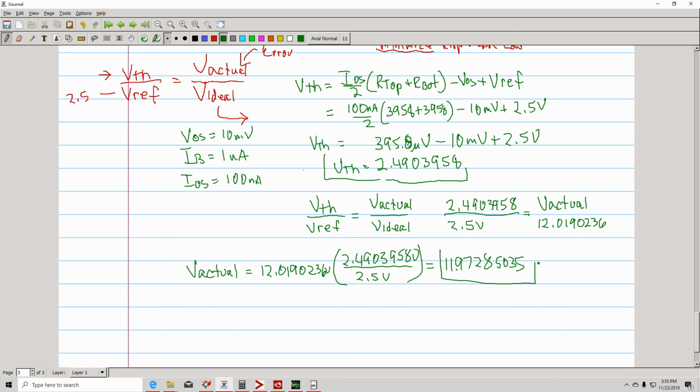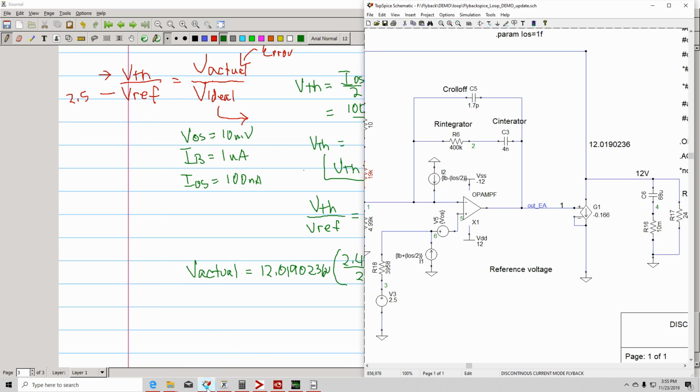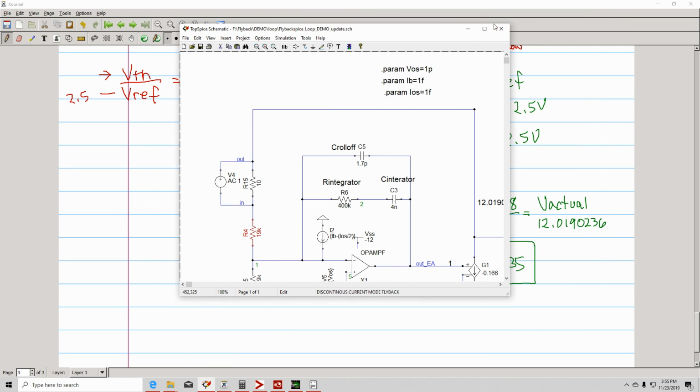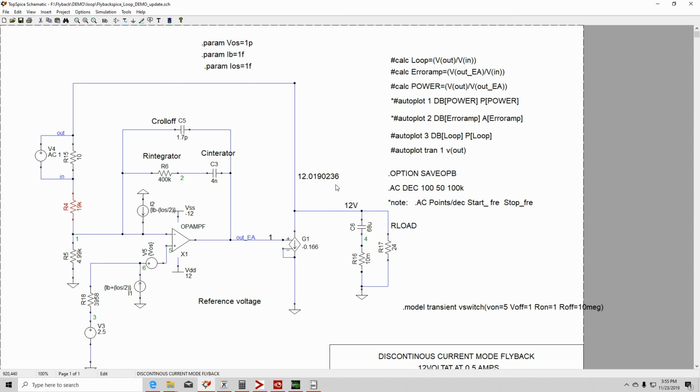So that's what we should see when we do the simulation, or at least close to it. That's the voltage that we see now.